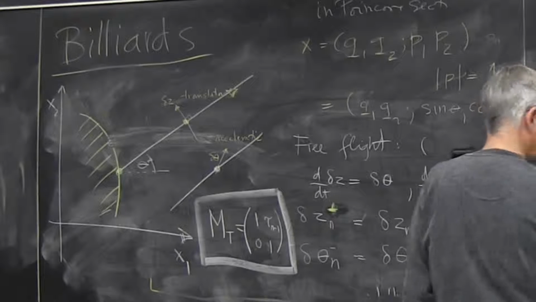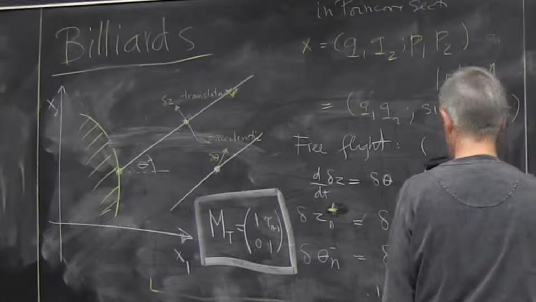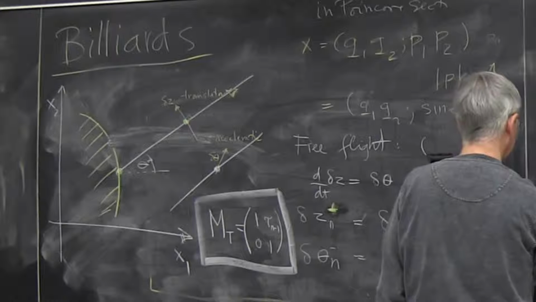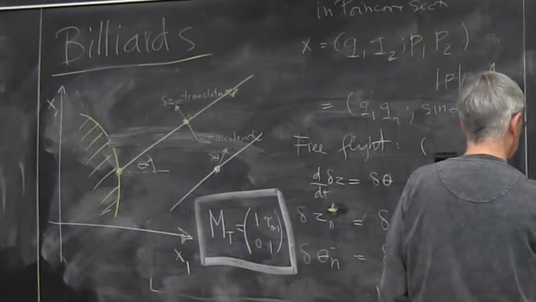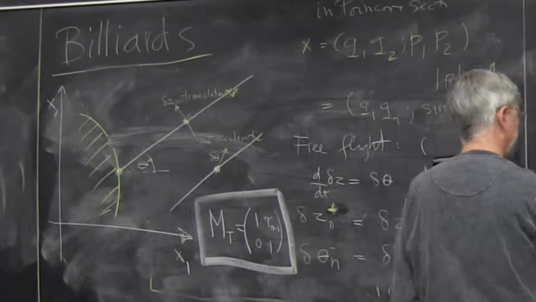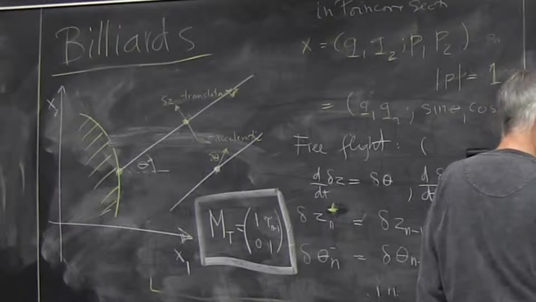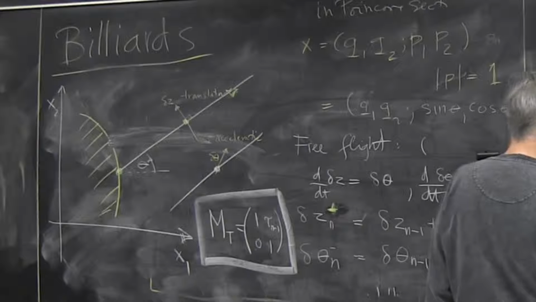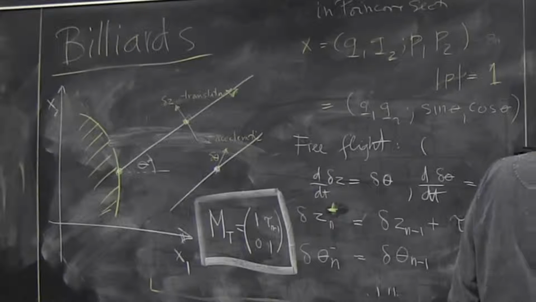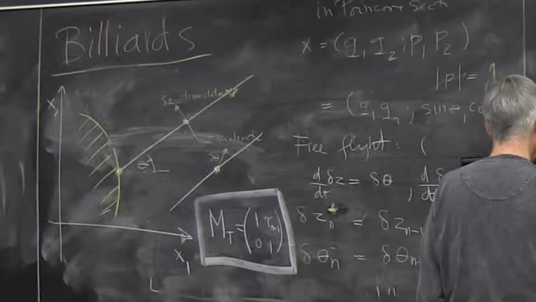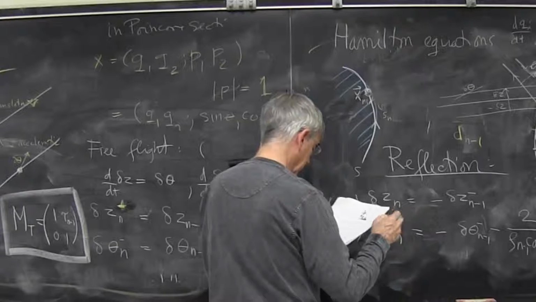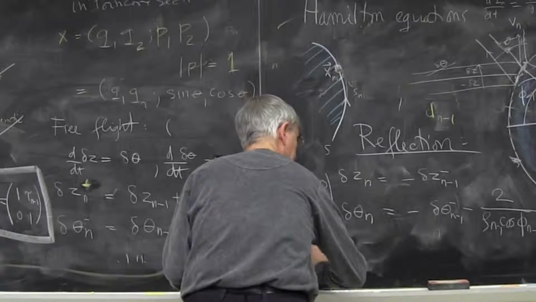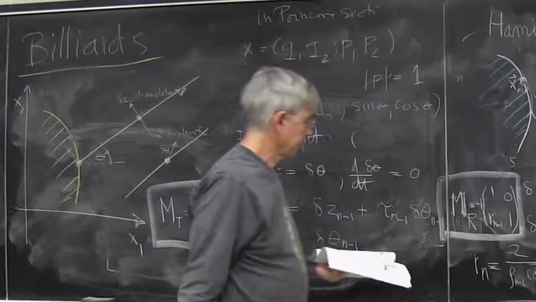And now that written as a Jacobian gives me the Jacobian for one iteration in reflection, which is 1, 1, because these two guys are there. But now there is a minus, minus, so there is a minus in front. Where Rn is this quantity.